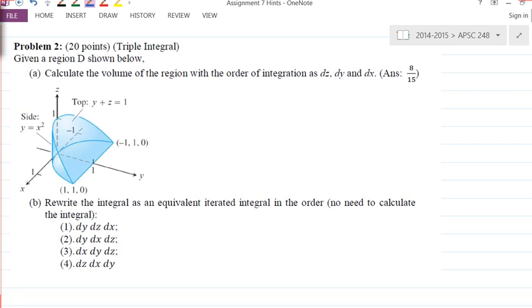The second one is a triple integral, in Cartesian coordinates. Calculate the volume of the region D. Region D is sandwiched by the surface y equals x squared, the top plane y plus z equals 1, and the bottom xy plane. On the bottom, this curve here is y equal to x squared.